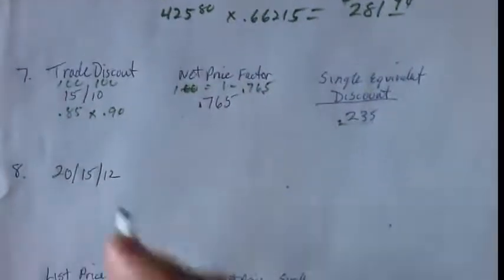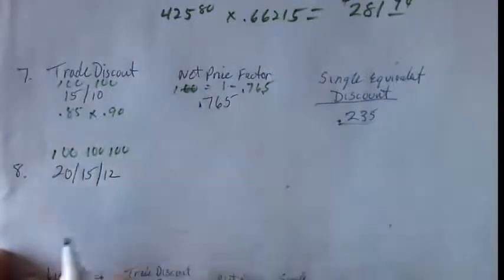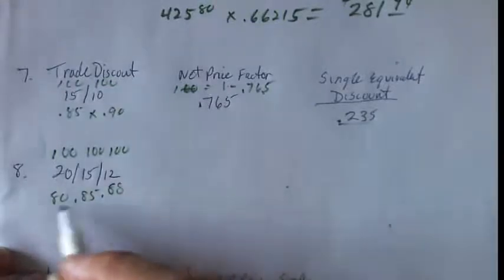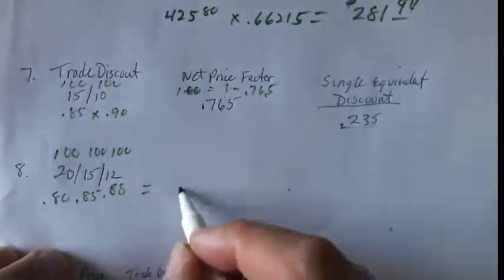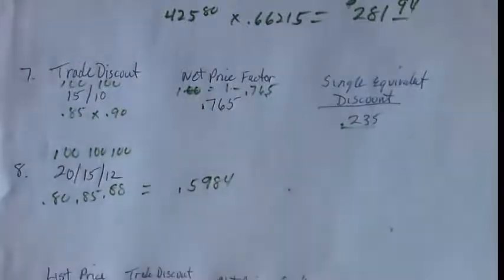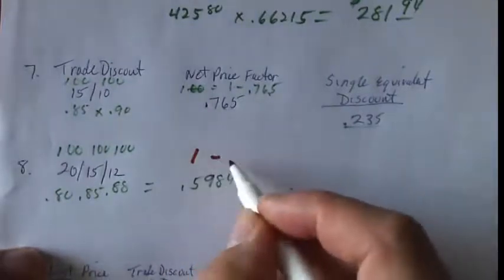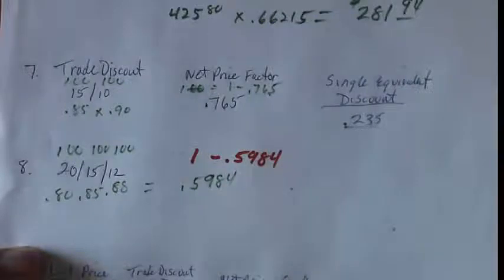So that's how they're getting the math there in the book. So continuing that, let's look at problem number 8. So again, we have that 100 on each one of those. So we have 80, 85, and 88, and we would multiply those just like what we did before, and we would get 0.5984. Again, it's just calculator multiplying. So in order to get your single equivalent discount, we're going to take that 100%, or 1 in this case, and we're going to subtract the 0.5984 from it.